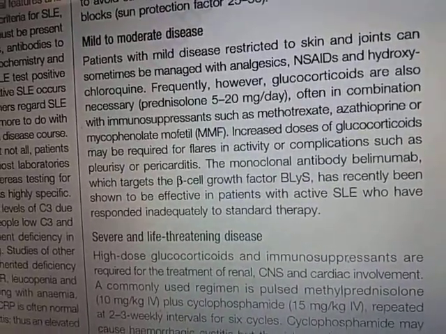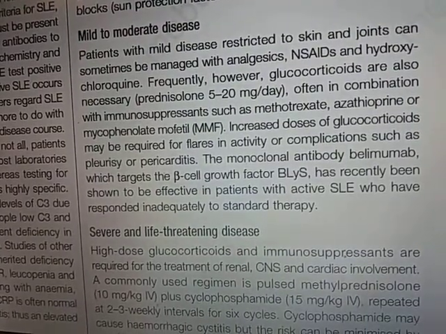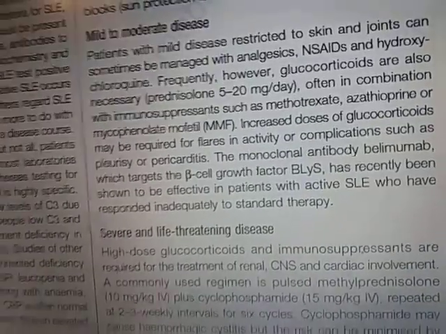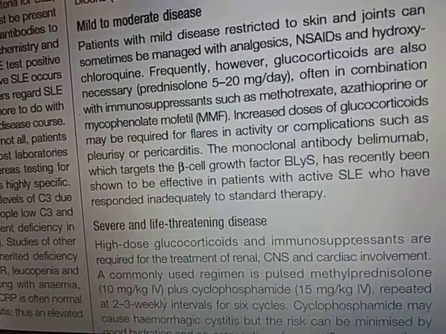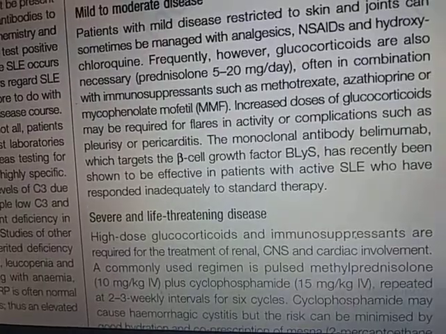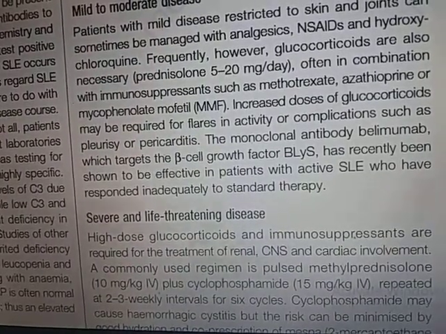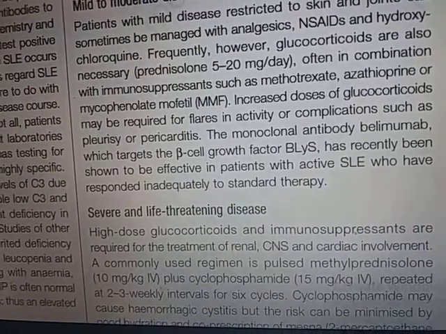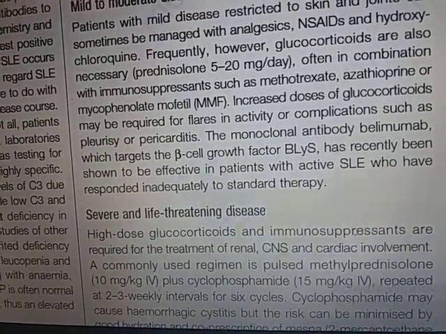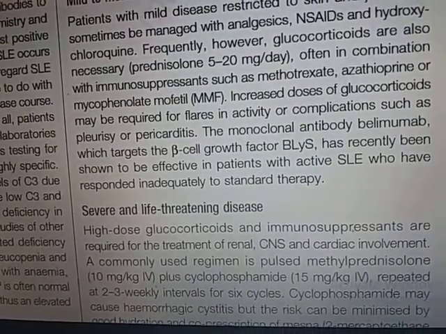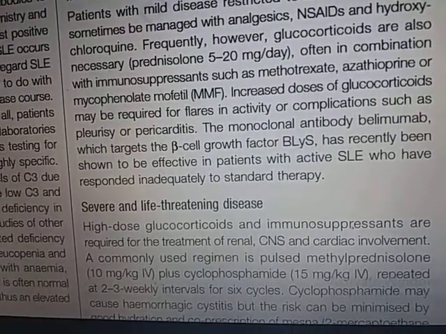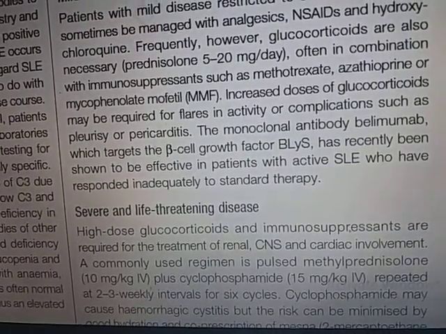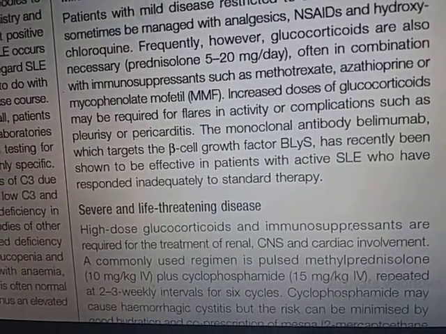One can use pulse steroid therapy by intermittent bolus doses of methylprednisolone 1 gram IV for 3 successive days. This can be repeated after 3 to 4 weeks. The other line of treatment is plasma exchange, called plasmapheresis.